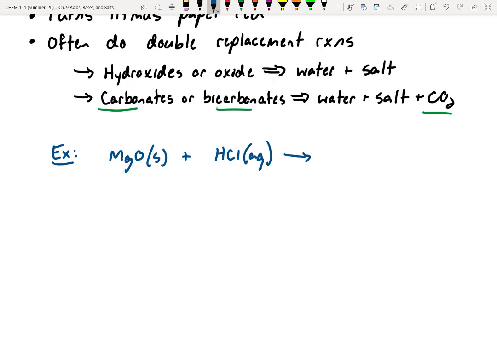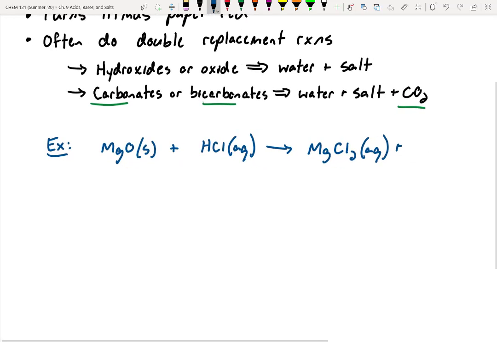The way I like to describe this is imagine two couples swing dancing, and then they exchange partners. That's what's going to go on here. So we're going to get MgCl2. However, magnesium is 2+, which means it needs two chlorines to balance out. And this will be aqueous.